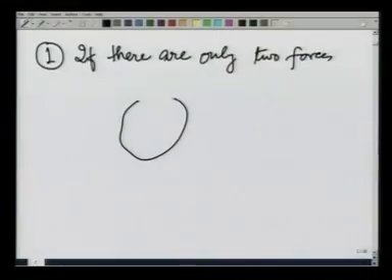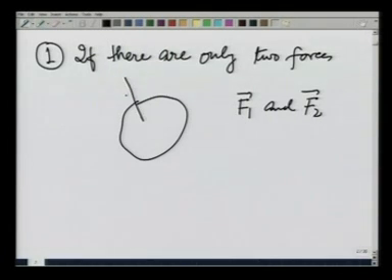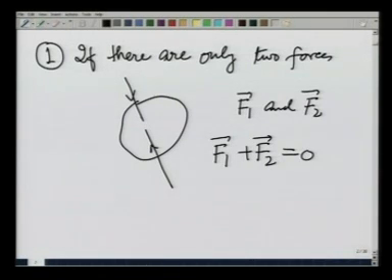If a body is in equilibrium under two forces F1 and F2, then for the body to be in equilibrium, the forces must be collinear and opposite, so that F1 plus F2 is equal to 0. If they are collinear, then about any point the torque also vanishes if they are equal. So, this is the condition for equilibrium.